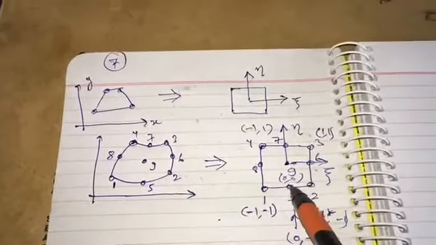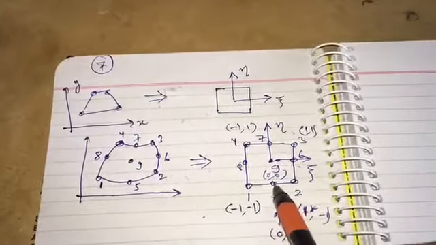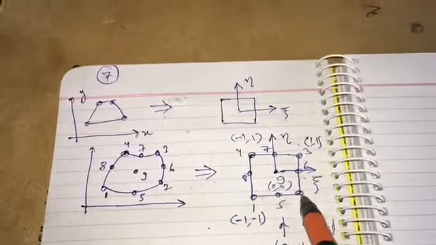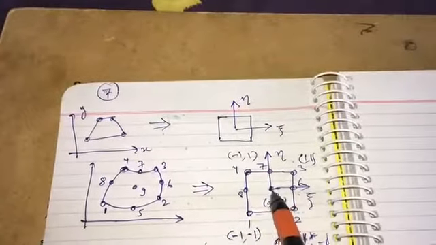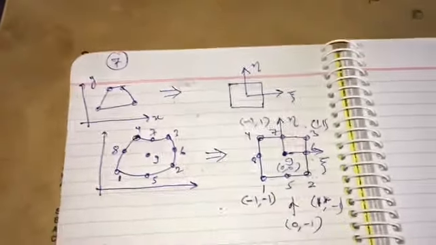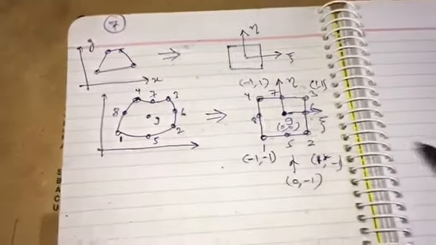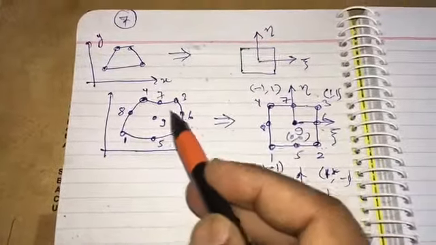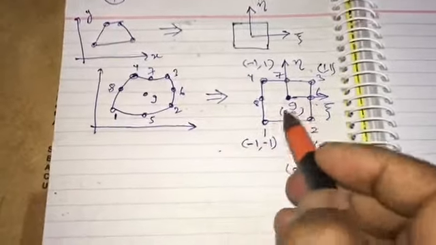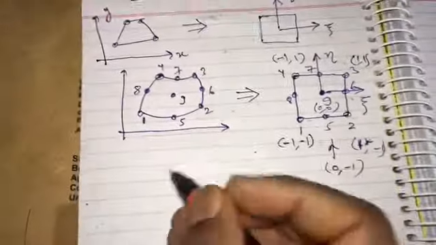So this is exactly in the middle of these two nodes. Similarly this and this and this, and node 9 is at 0, 0. So what kind of transformation will bring this kind of shape into a square shape like this one?